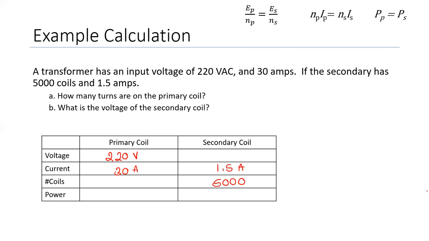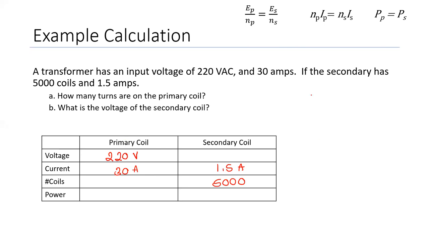How many turns are on the primary? What's the voltage at the secondary? I find this chart is really helpful for us to figure out. So we need to find this number and this number. And in order to do that, the linking piece is, well, I shouldn't say, you don't have to calculate power, but it's often easier to do with calculating power.